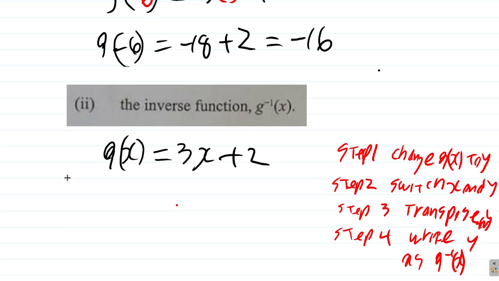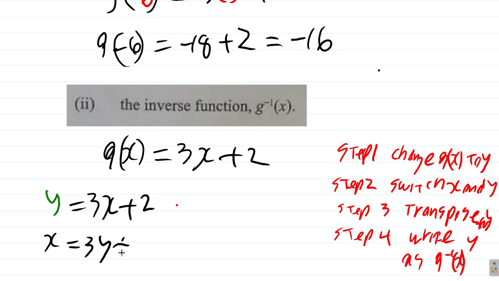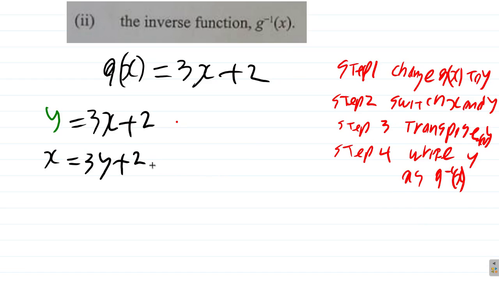So let's see what would happen here. You change g to y. y equals 3x plus 2. Step 2, you switch around x and y. You say x is equal to 3y plus 2. Then you transpose to make y the subject.